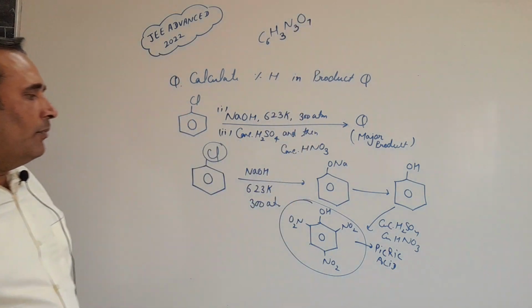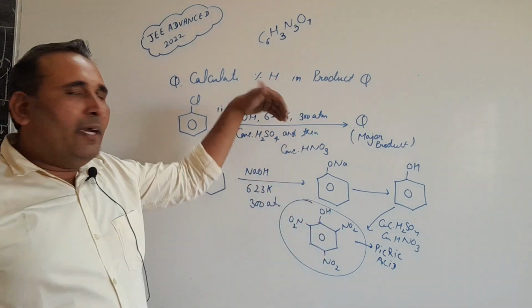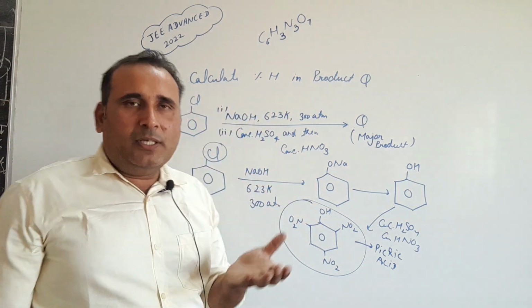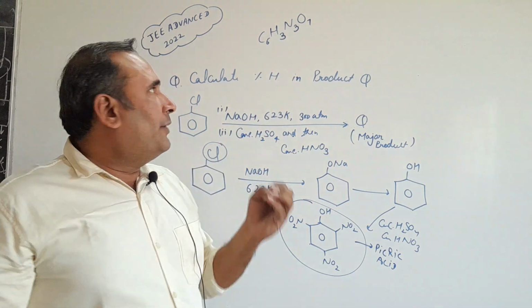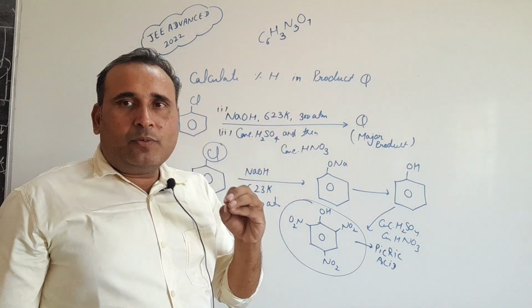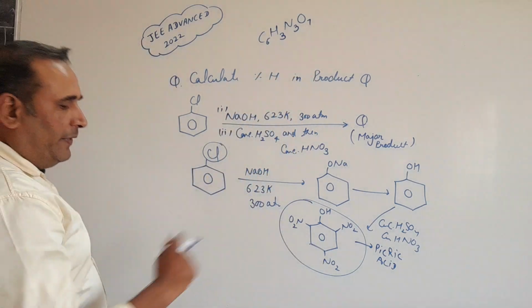So that is the molecular formula of picric acid, and we have to find out the percentage of hydrogen in this compound. For that we have to find out the molecular weight of this compound.